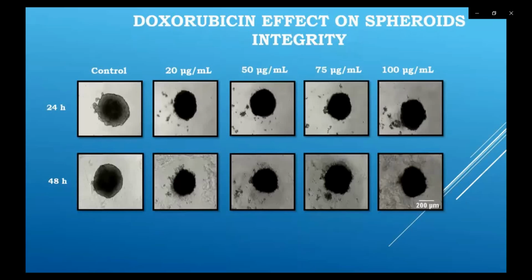The effects on spheroid integrity are also aggressive, not so much visually, but we can see that the spheroid blackens, which means that the cells inside the spheroid are dead with the increase of the concentration of doxorubicin. Also, we can see in the vicinity of the spheroid residues of dead cells.